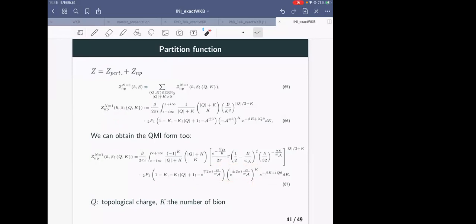For example, when we set K equals 0 and Q equals 1, it becomes the instanton amplitude. So here is the square root. Then this S_B is a baryon action, so it becomes the instanton action. And when we set Q equals 0 and K equals some integer, then it becomes the Mathieu baryon contribution. And the phase ambiguity terms depend only on the baryon number, not the instanton.